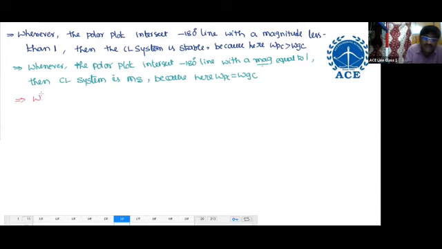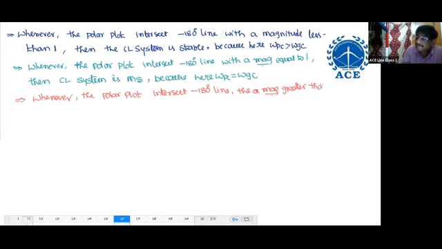Whenever the polar plot intersects the minus 180 degrees line with a magnitude greater than 1, then the closed loop system is unstable, because here omega PC is less than omega GC.